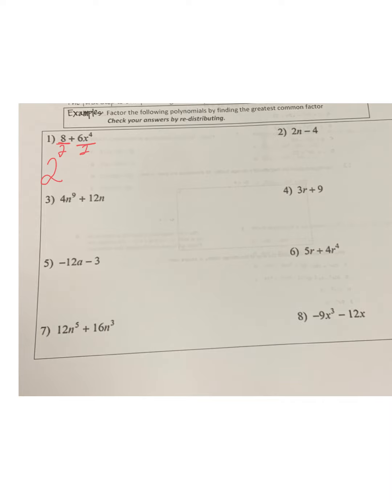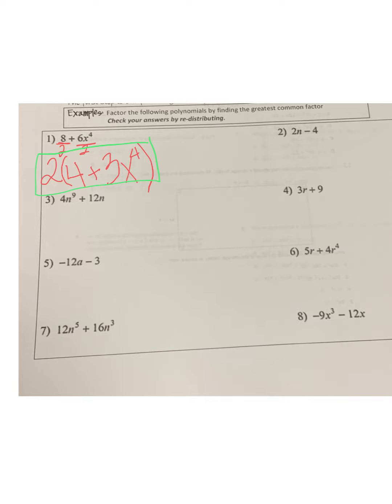So if we take out a 2 from both of those, 8 divided by 2 gives us what? 4. 6 divided by 2 gives us what? 3. We didn't do anything with the x to the power of 4, so it's going to stay. Now it looks like something we need to distribute, right? Because greatest common factor is the opposite of distribution.